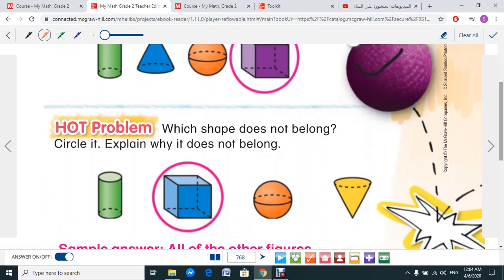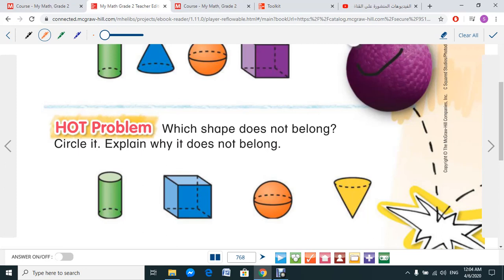Which shape does not belong? Circle it. Let's count the number of faces. As you see, or as I told you, 1, 2, 3, it has 3 faces. The sphere has, okay, let me erase this again. Okay.